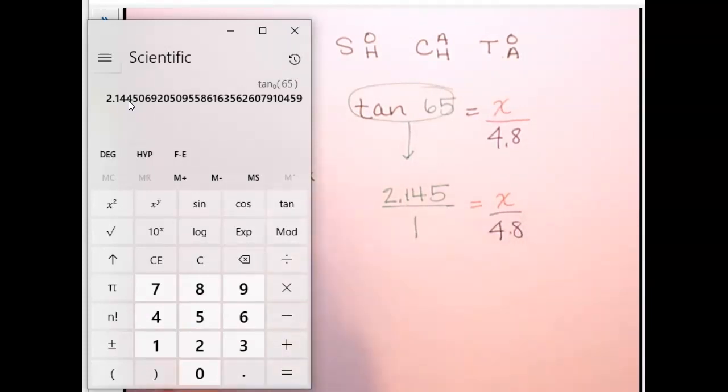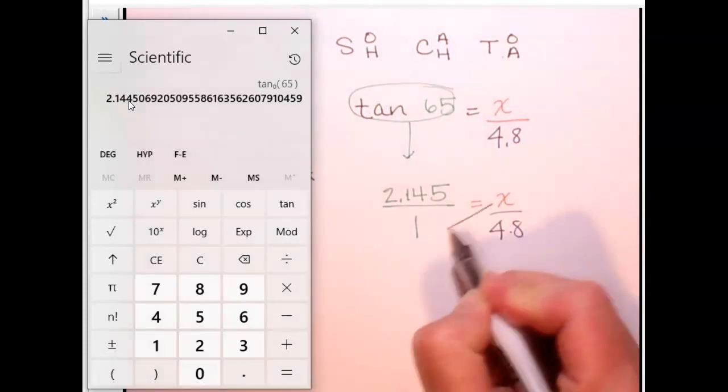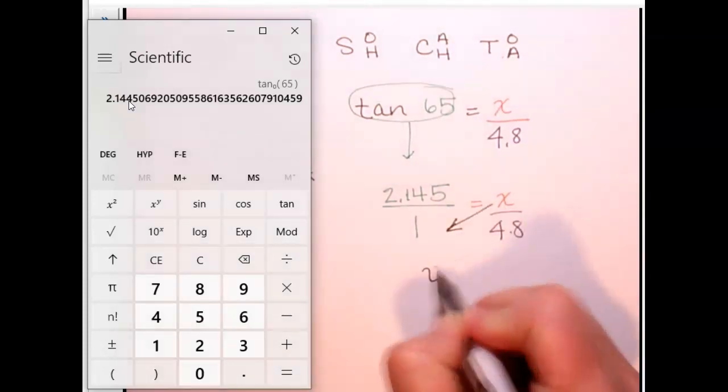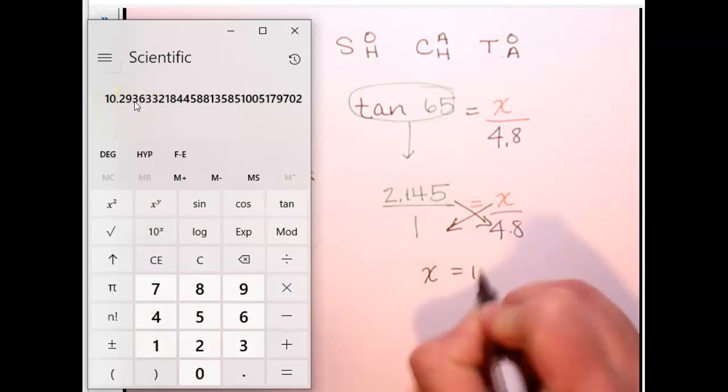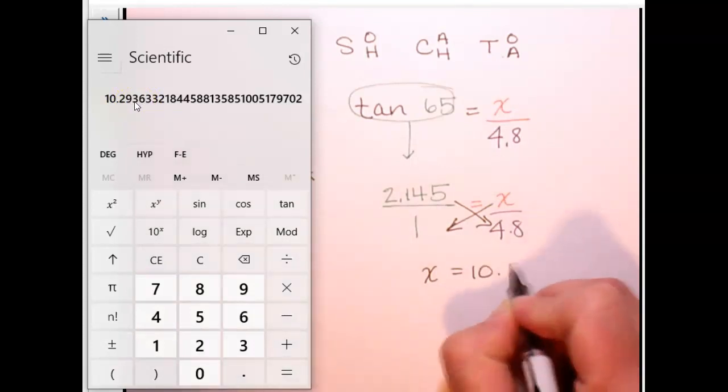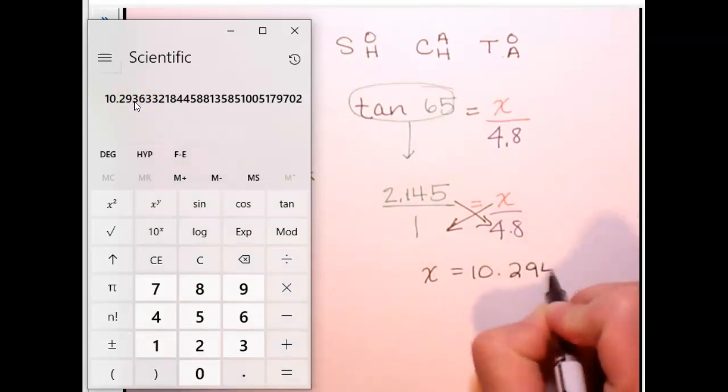And again, when you solve a proportion, it's just a matter of cross multiply and divide. So x times 1 is just x. And then 2.145 times 4.8. So I'm just going to do times 4.8 over here. 10.2936. That 6 is going to bump this up. So 10.294.